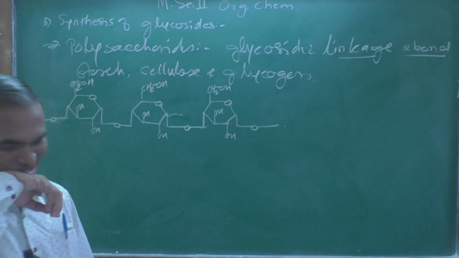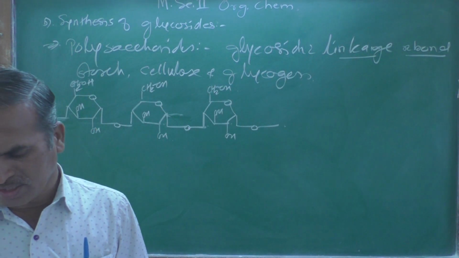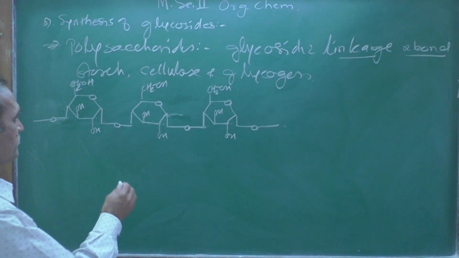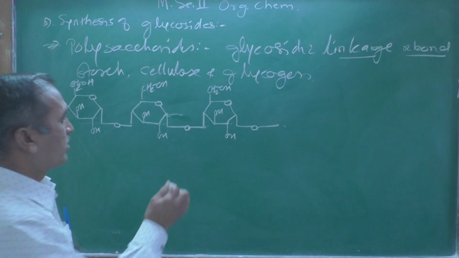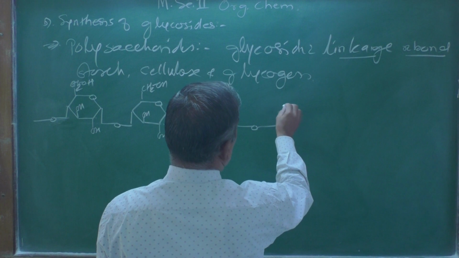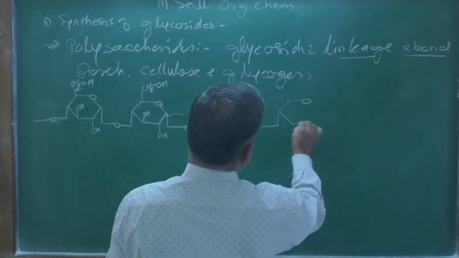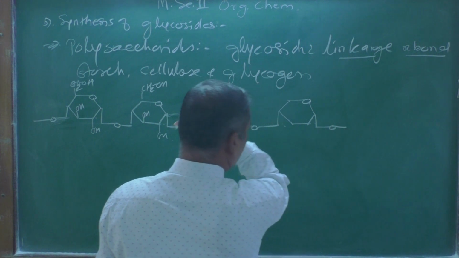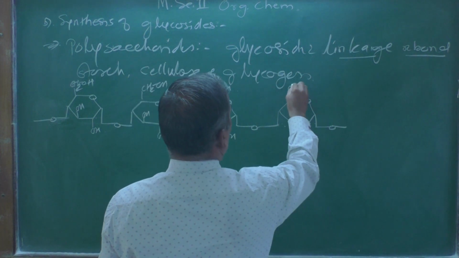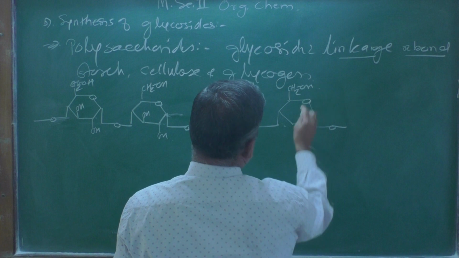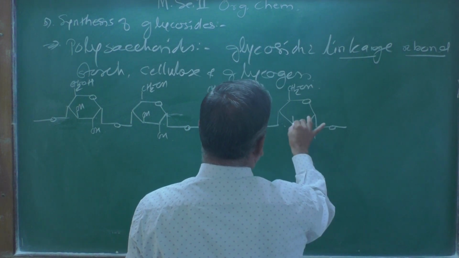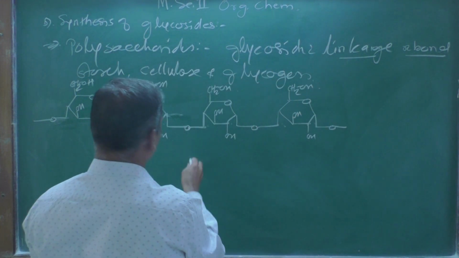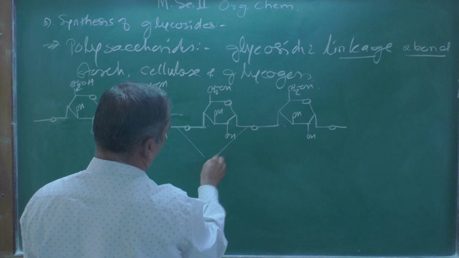This is a structure of what we can call alpha or beta. This is 1, 2, 3, and one more structure is drawn over here. So the structure is written once again, CH2OH, here OH and OH. This type of linkage, what do you think?